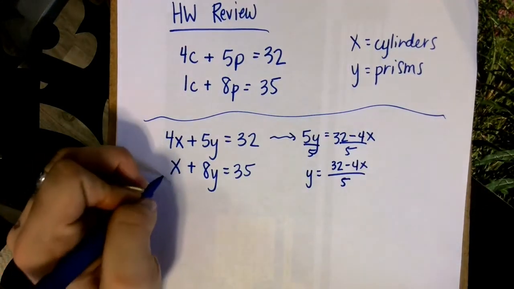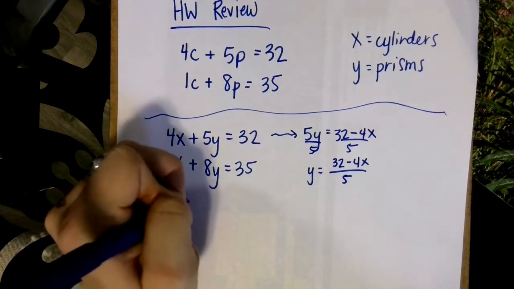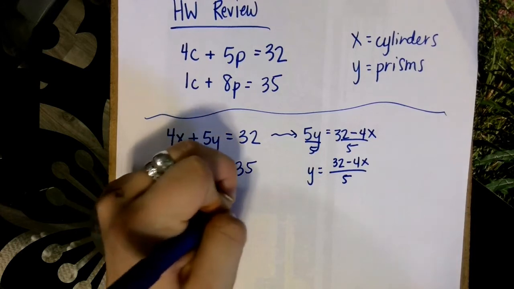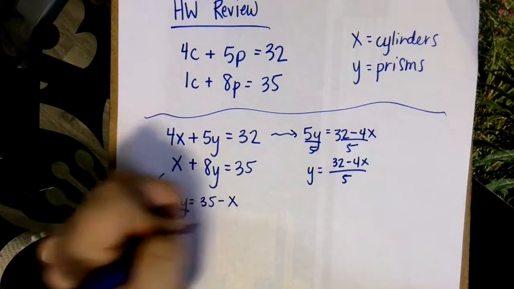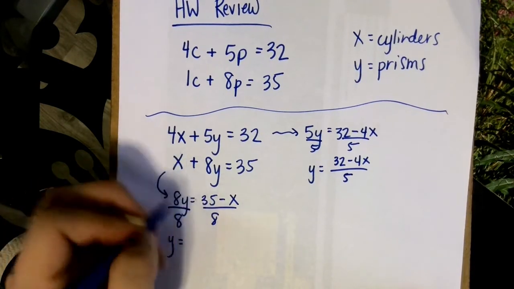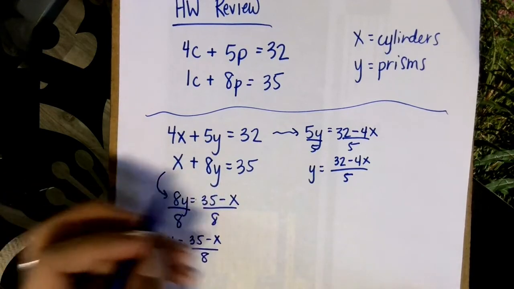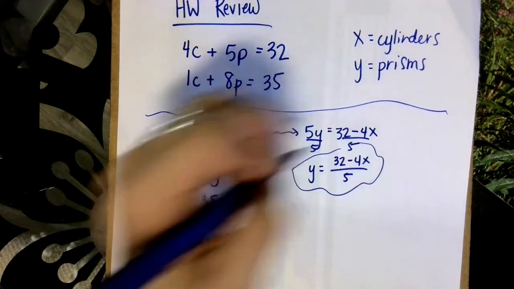For my next one, I'm going to subtract my x, so I end up with 8y equals 35 minus x, divide by 8, and I get y equals (35 minus x) over 8. So here are my two equations that I'm going to use.